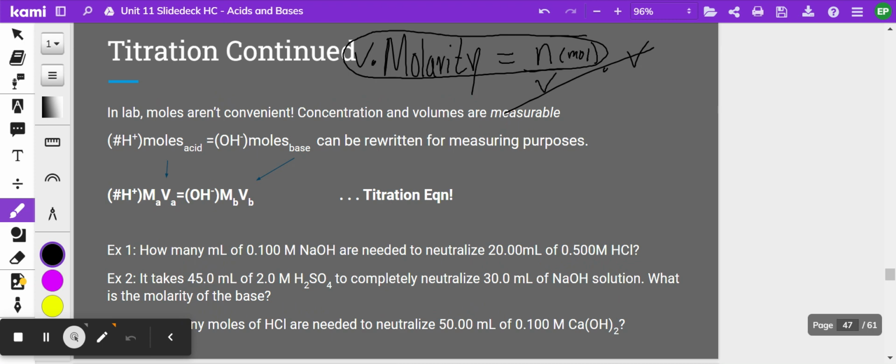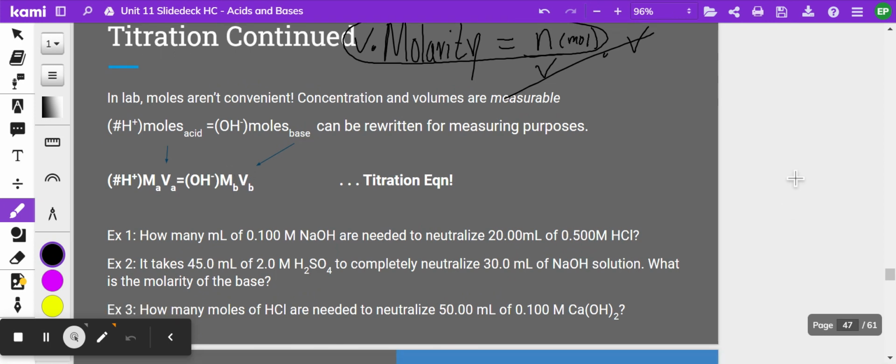Now we do need to keep in mind that the number of H plus ions should multiply the moles of acid, and the number of hydroxides should multiply the moles of the base, if they're not equal in the chemical formulas. So MaVa equals MbVb. That is how I remember the equation. MaVa equals MbVb. It is our titration equation.